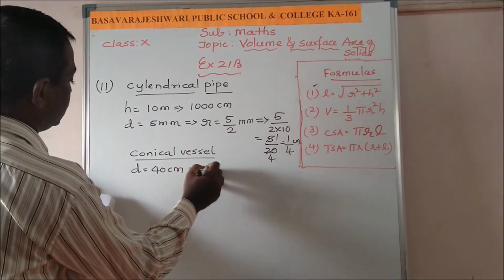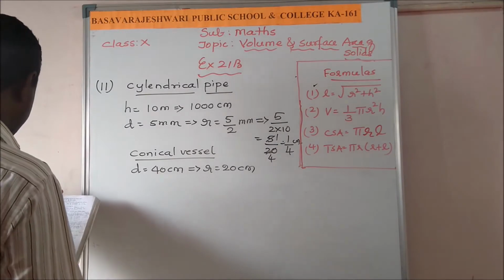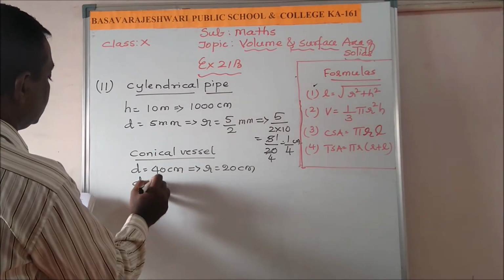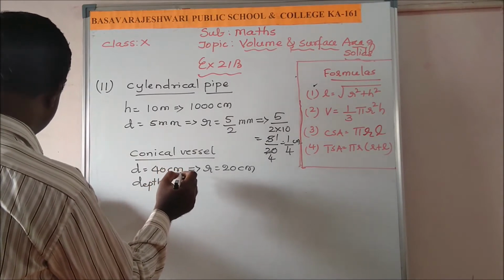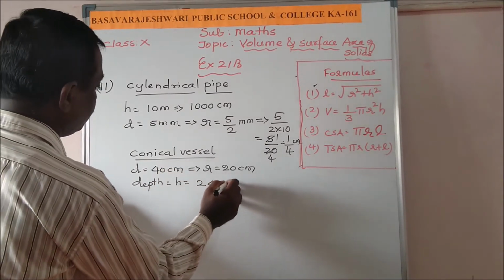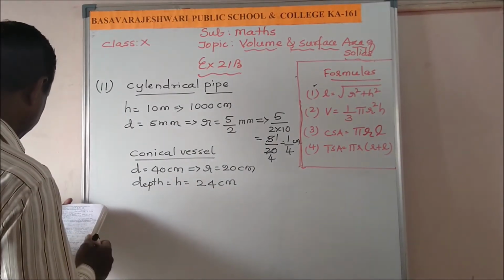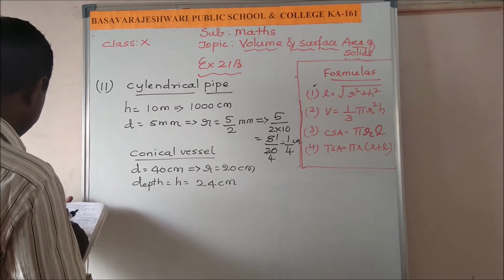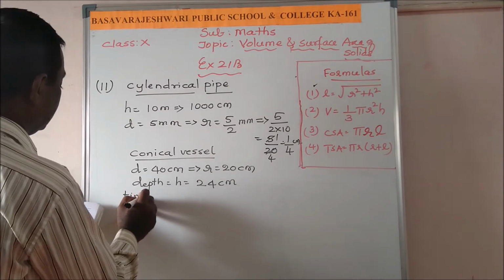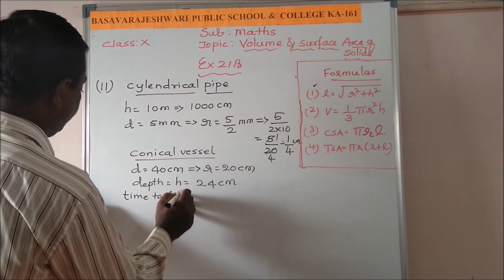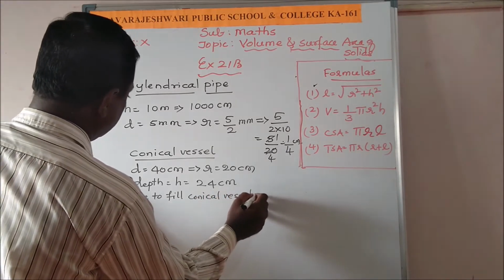This implies radius is equal to 20 centimeters. Similarly, they have given depth. Depth is nothing but height, which is 24 centimeters. What they are asking is how long it would take, that is the time to fill the conical vessel.